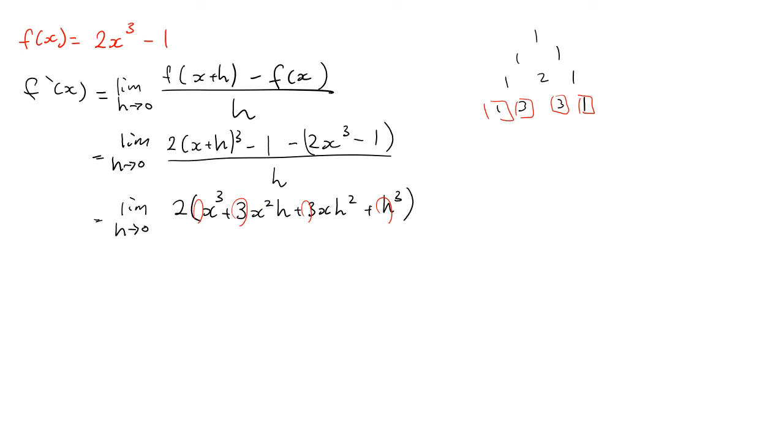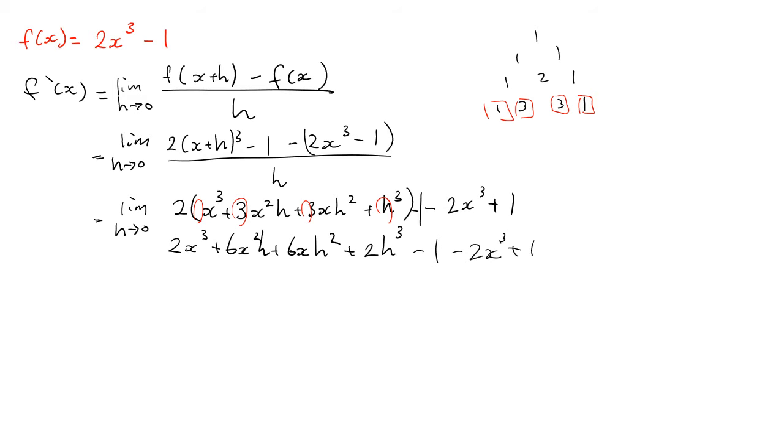And you can use Pascal's triangle to easily expand brackets. And that will be negative 2x cubed plus 1. So we get 2x cubed plus 6x squared h plus 6x h squared plus 2h cubed minus 1 minus 2x cubed plus 1, all over h.